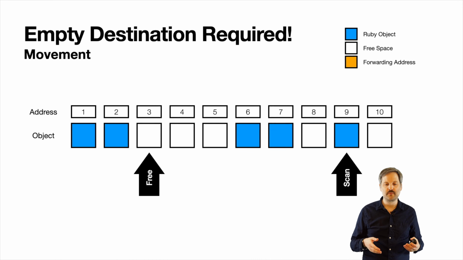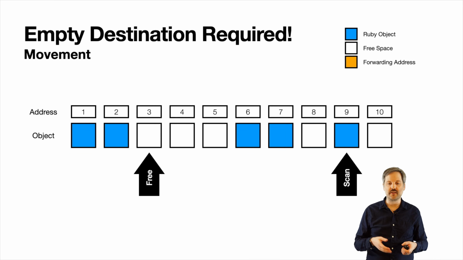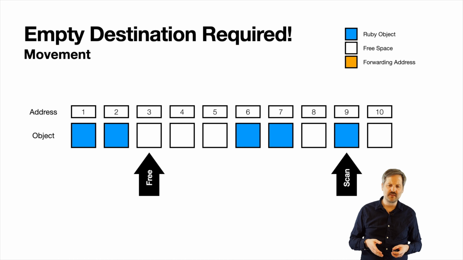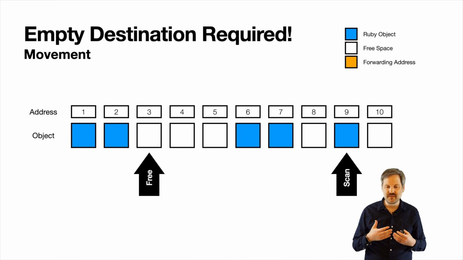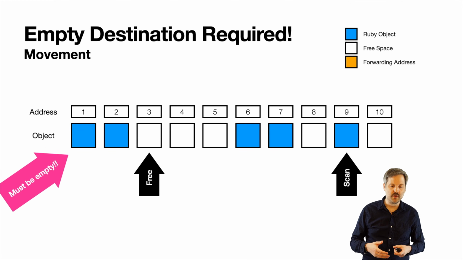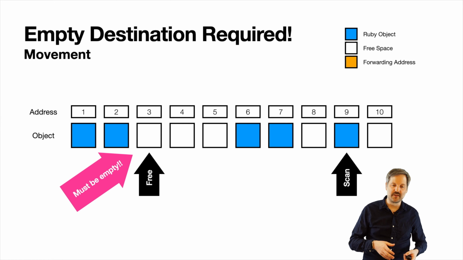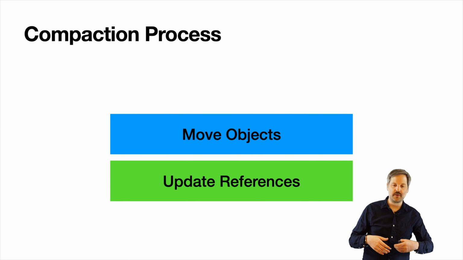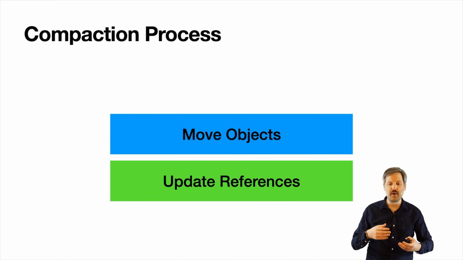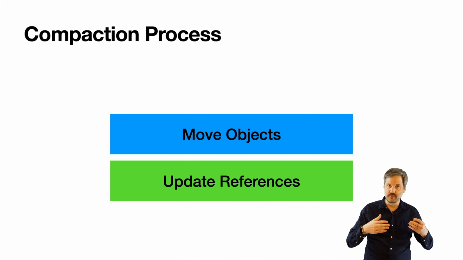So when objects are moved, the destination slot needs to be empty. And this doesn't sound like a problem exactly, but it does mean that GC steps need to occur in a specific order. So we have to have an empty slot here, which means that before we move any objects around, we have to do a full GC.